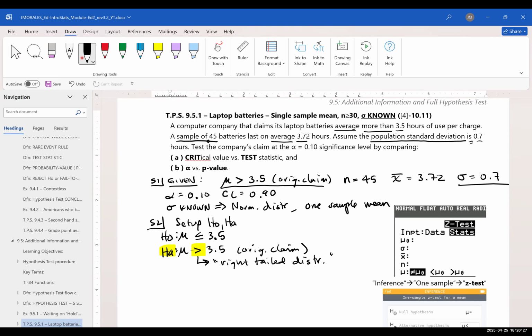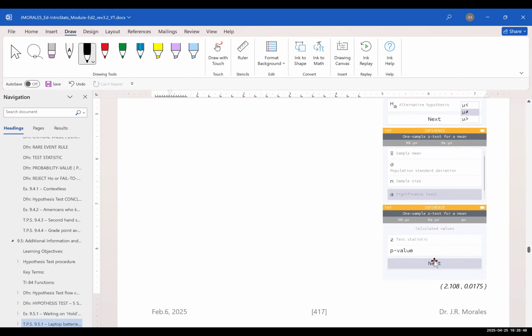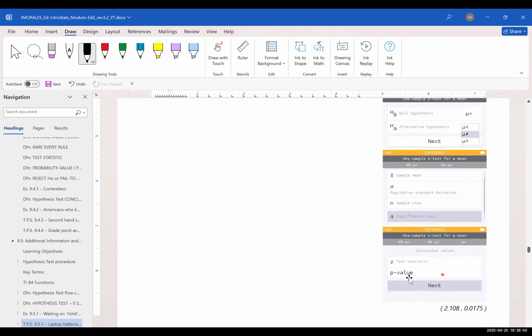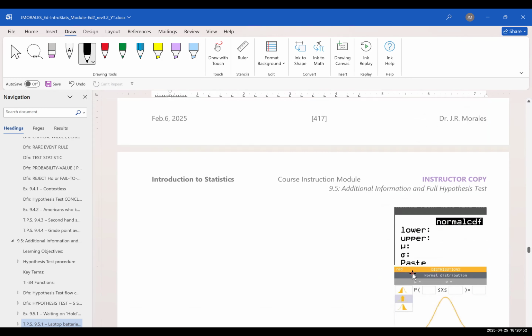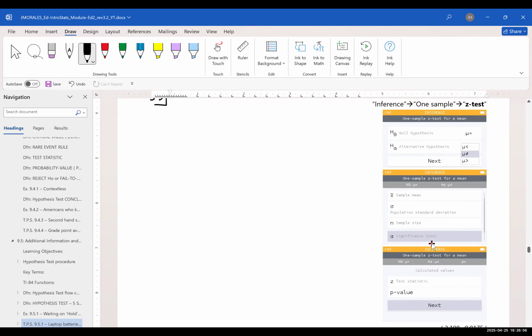All right, so now we can move on to step three. Step three is to calculate the test statistic and the p-value that goes with it. Usually for the p-value, we would have to use normal CDF.